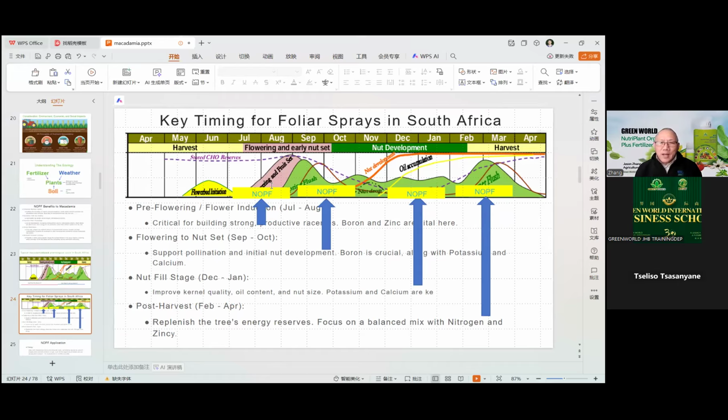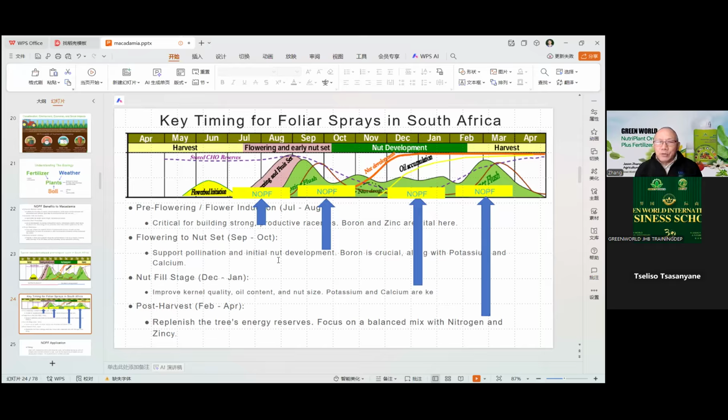Then for the pre-flowering season, between June and August, we do a one-time spray of the NOPF. And from September to October, this starts to help your nut development. At this time they need a lot of nutrients.